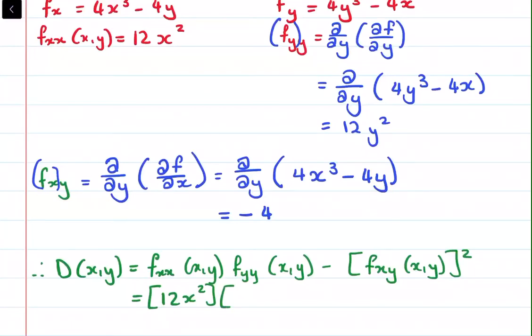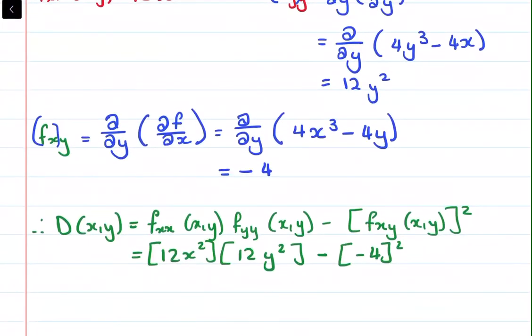And then the second one with respect to y is 12y squared, right? Minus this one, which is minus 4, all of it squared. So from here you can already substitute, but since this is simple, I can continue and say this is 144x squared y squared minus 16. You don't need to necessarily put in this step. This one is sufficient, okay, because you can already substitute in there.